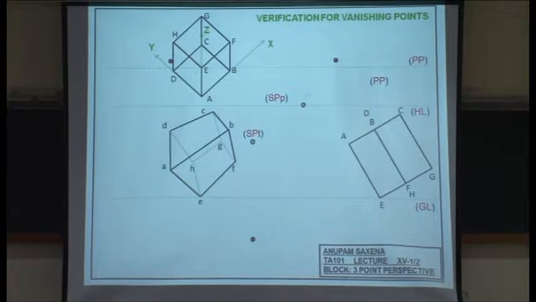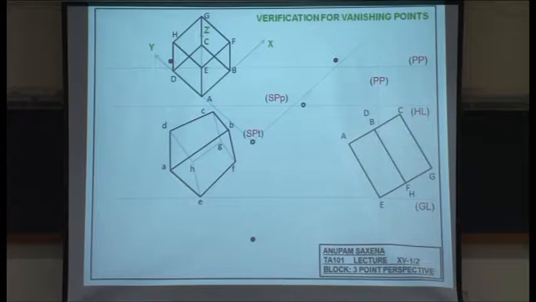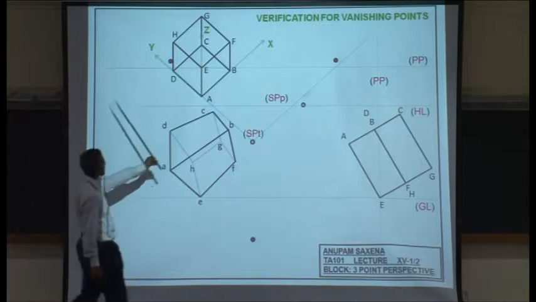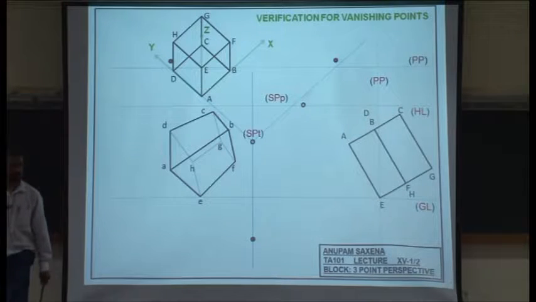Now, what I do is I look along the x axis at an object at infinity, okay, that would hit the picture plane. Likewise, I look at an object at infinity along the y direction and the z direction. Okay.